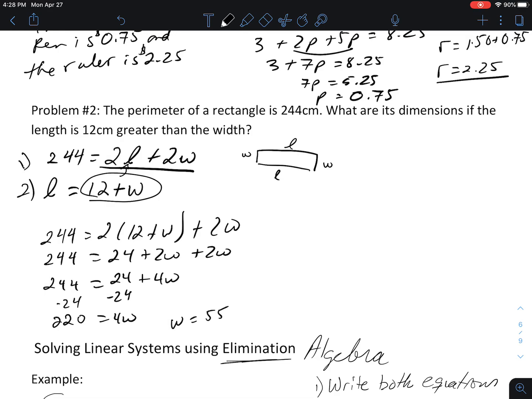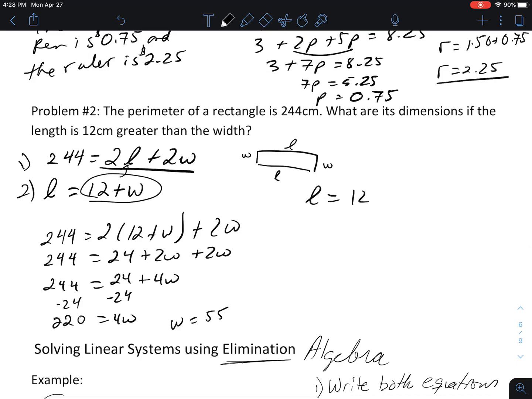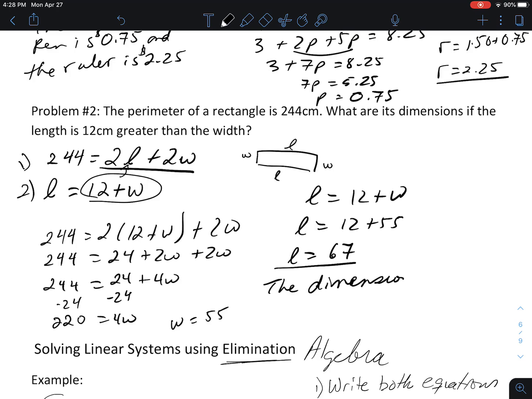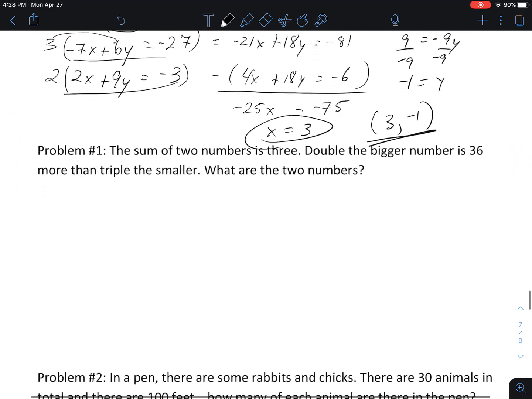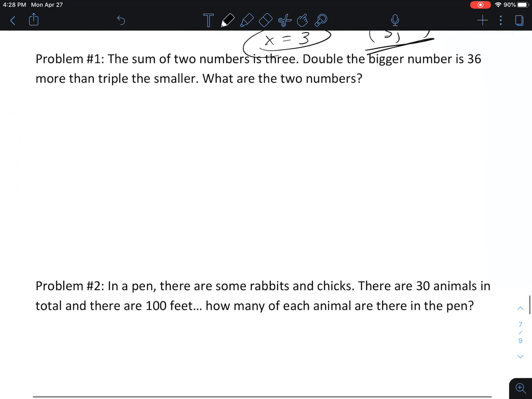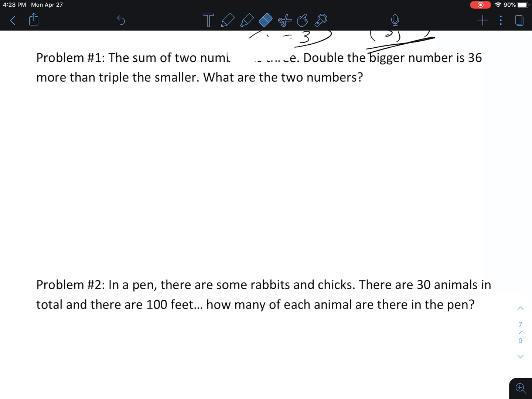And now I take away the 24 and divide by 4. W is 55. And length is 12 plus W. So now I can say the dimensions are 67 by 55. Okay, so that's a sort of geometry type one.